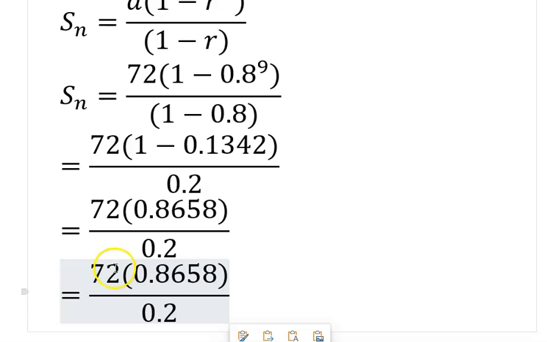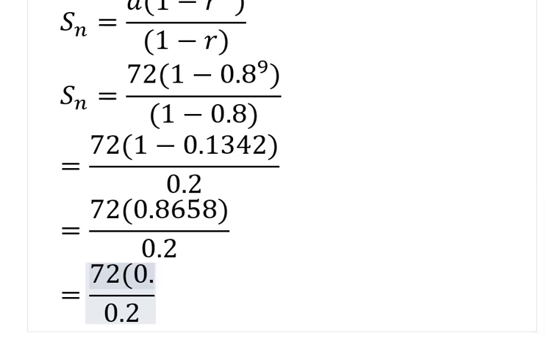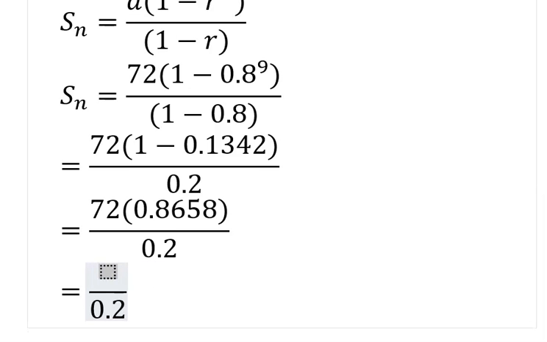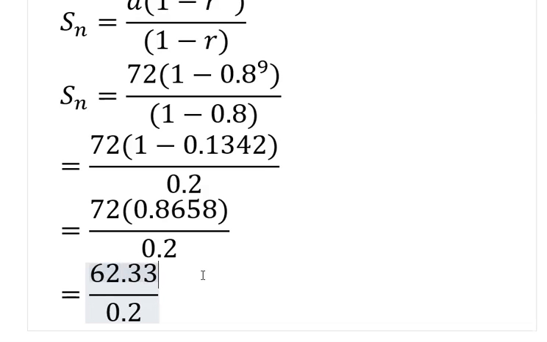If you now multiply 0.8658 times 72, you should have 62.3376. Awesome.